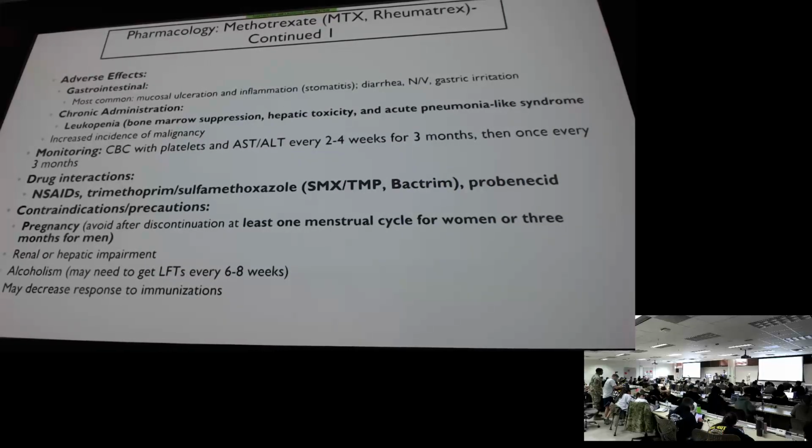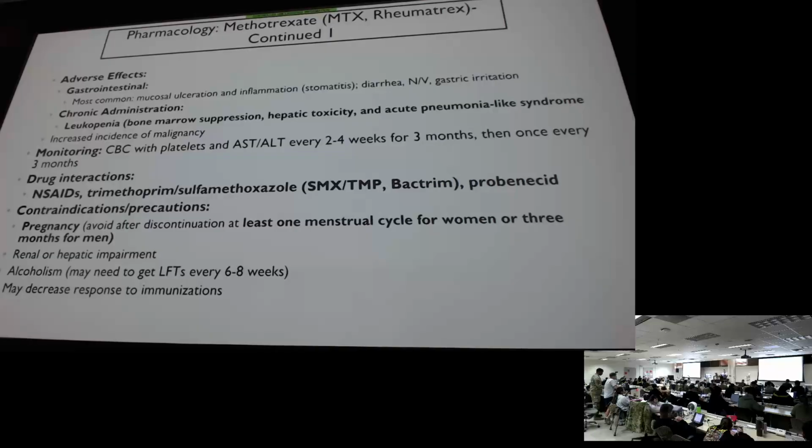And as I said, you've got to be cautious with renal or hepatic issues and alcoholics, because it is liver toxic. If you have an alcoholic on methotrexate, then that's a routine screening of the liver functions. It may decrease response to immunizations. We're going to talk about the biologics, which biologics you do not give live immunizations for.